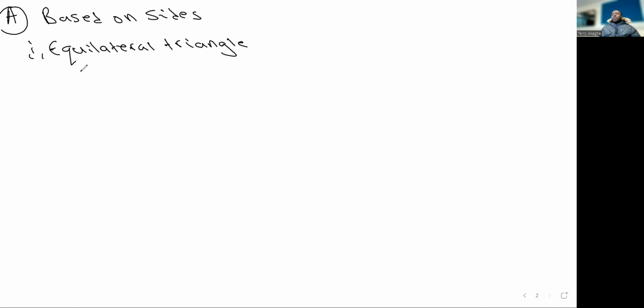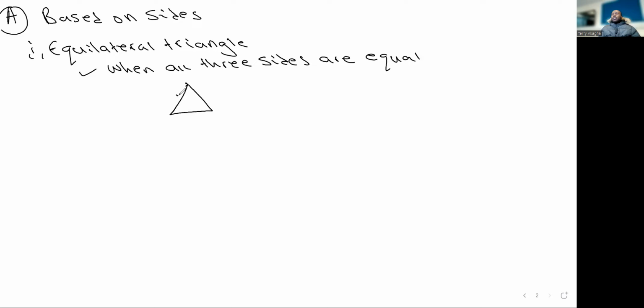This is when all 3 sides are equal, or they have the same length. So you have a triangle like this: this side is equal to this side, equal to this side.